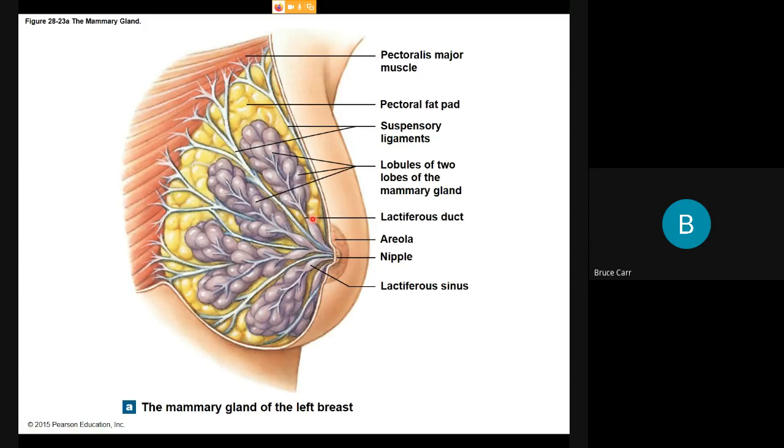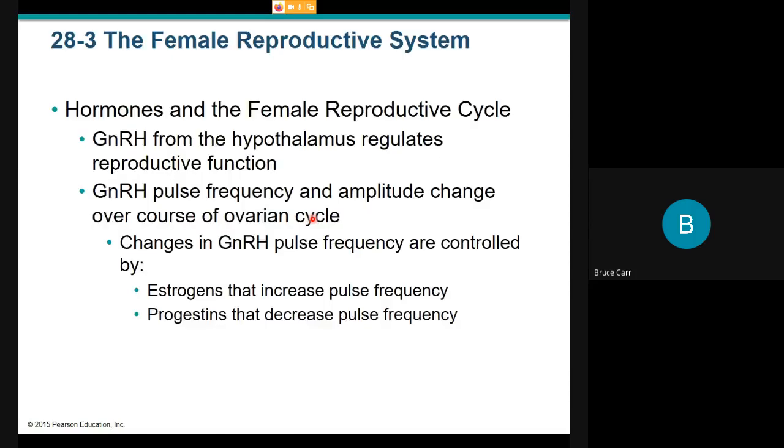Interestingly enough, milk production and milk letdown are separately controlled activities. The hormones begin with GnRH in the hypothalamus, but the pulse frequency and the amplitude are very, very different, whereas males pulse this stuff out, and the message is always the same: make a couple more 100 million of sperm.